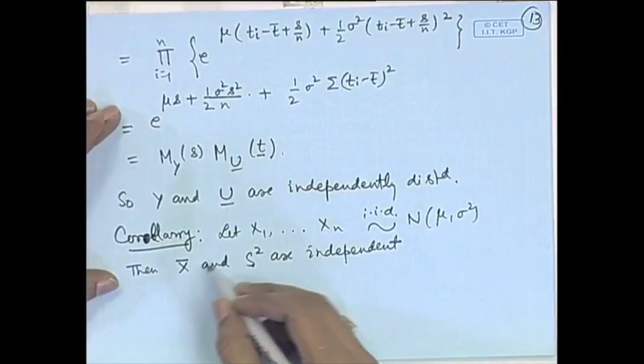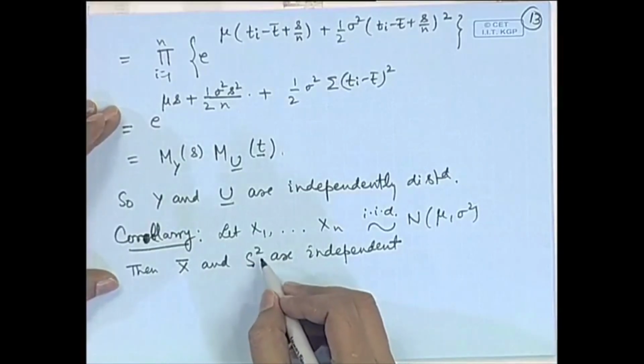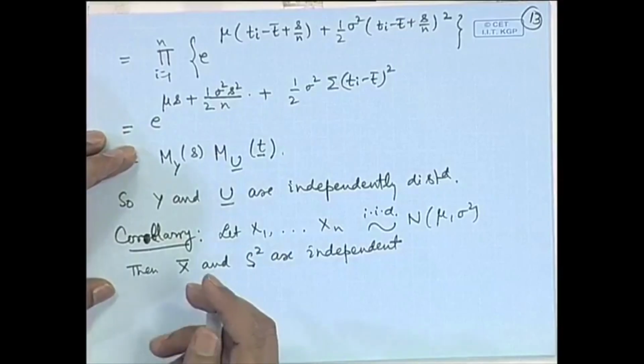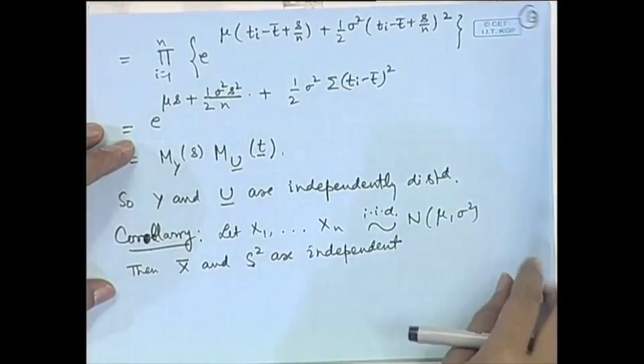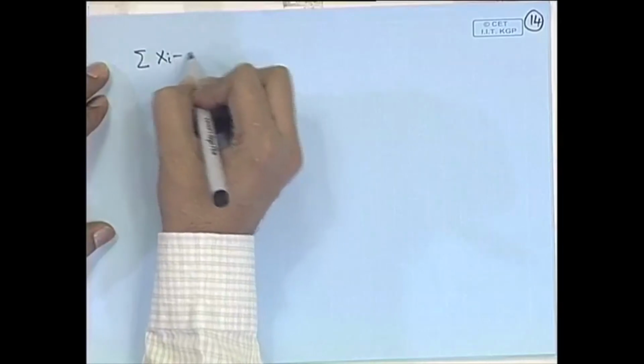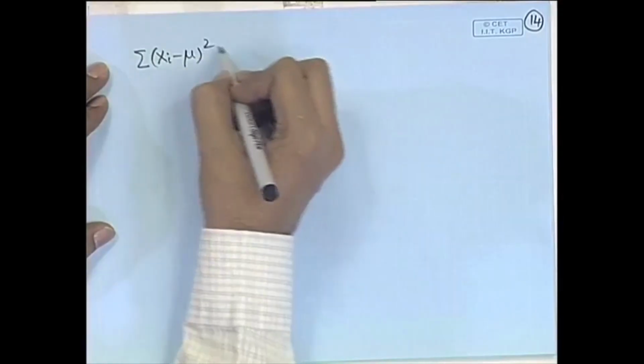Now, we will show that this is helpful to derive the distribution of s square. So, now we look at the following quantities. Consider say sigma (x_i minus mu) square.